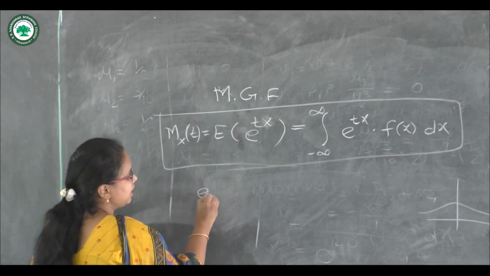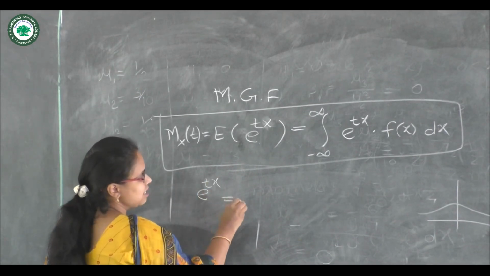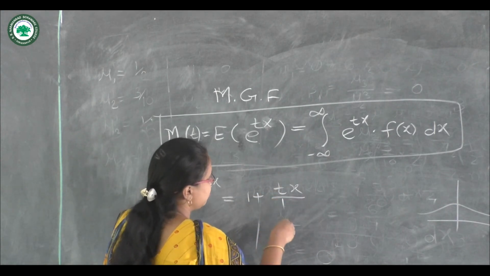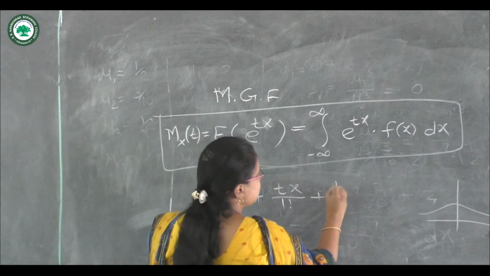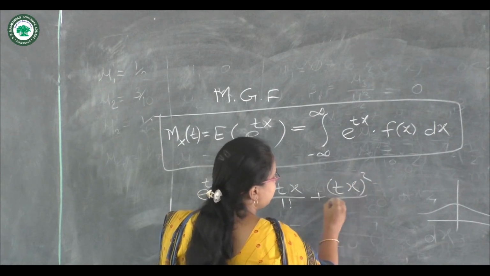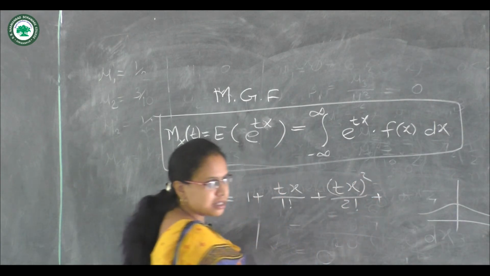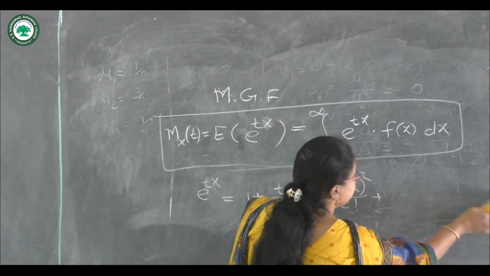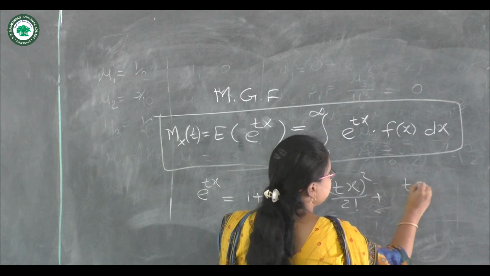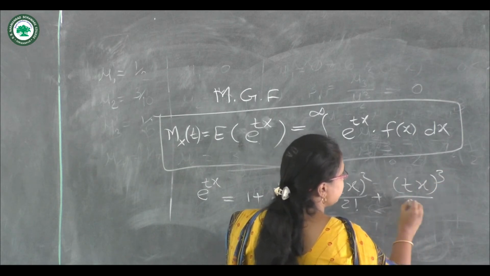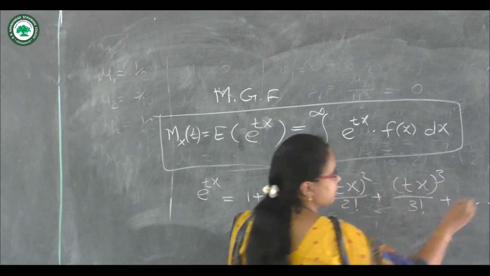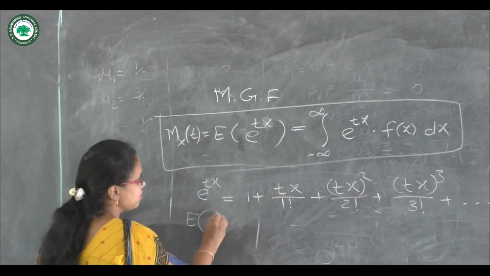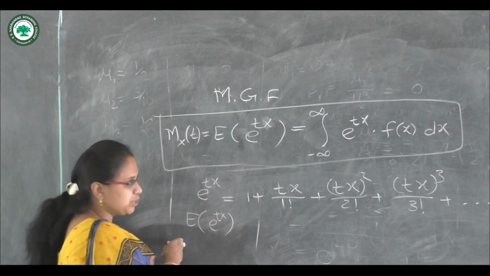So I will write e raised to tx as 1 plus tx upon 1 factorial plus (tx) square upon 2 factorial plus its cube upon 3 factorial plus so on. Let's take its expectation. So this is the MGF.